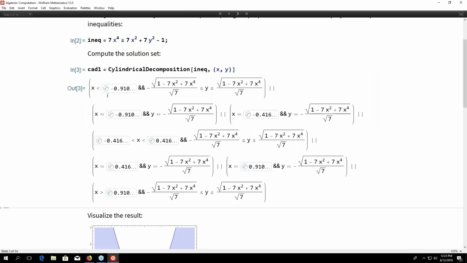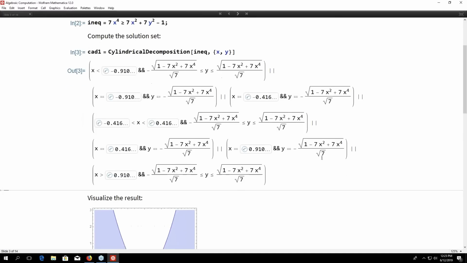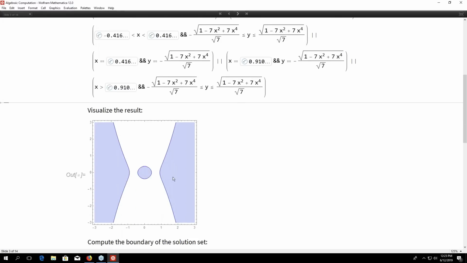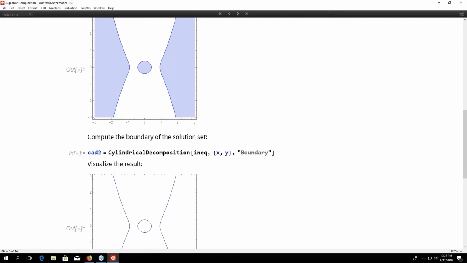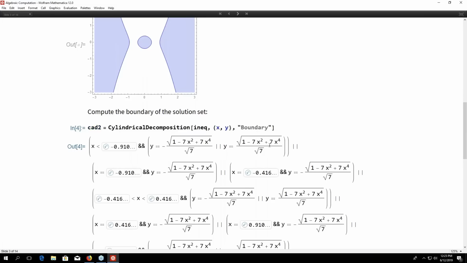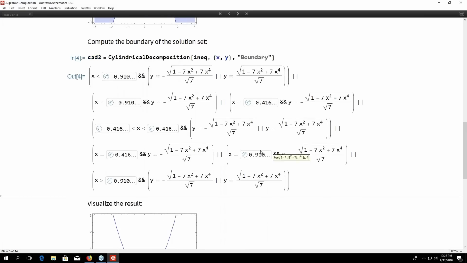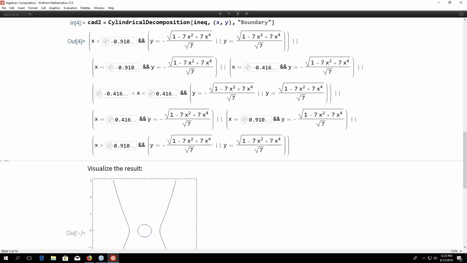It always starts with bounds on the first variable, then bounds on the second variable, and this is an explicit description of the solution set, and we can visualize the result. This is the semi-algebraic set that this inequality describes. Now we can compute the boundary of this solution set. So we tell CylindricalDecomposition to compute the boundary, and here we get an equation and inequality description of the boundary of the solution set.